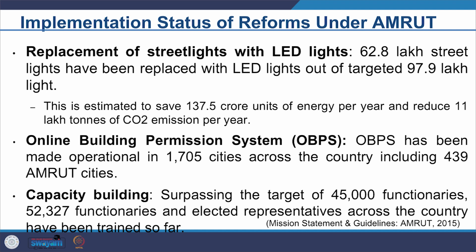Online building permissions, OBPS, has been made operational in 1,705 cities across the country, including 439 AMRUT cities. Capacity building has surpassed the targets: 45,000 functionaries, and 52,000 functionaries and elected representatives across the country have been trained so far.